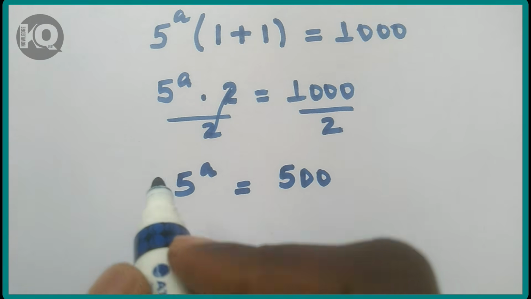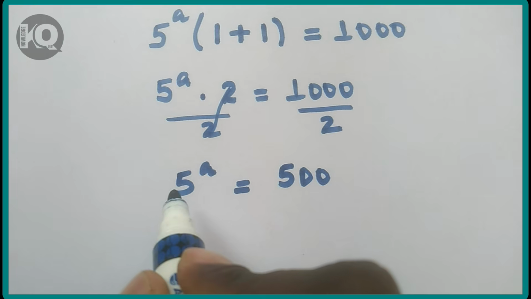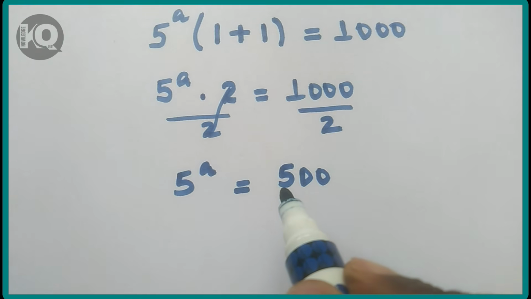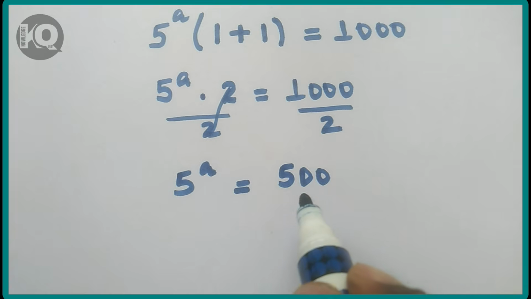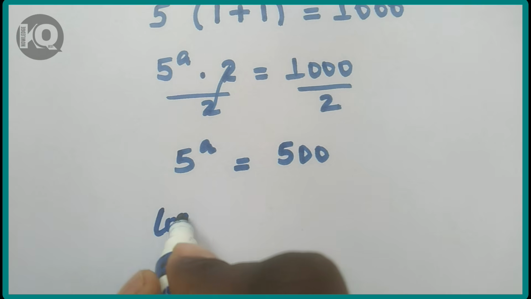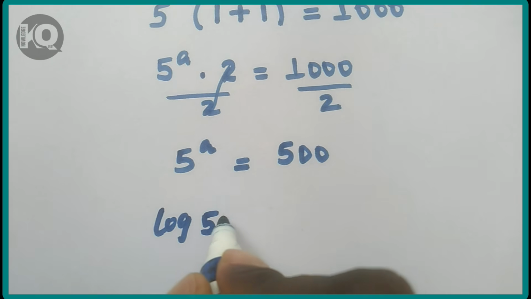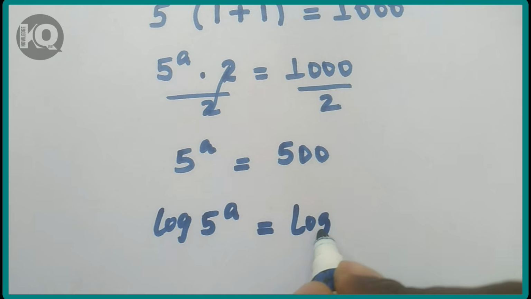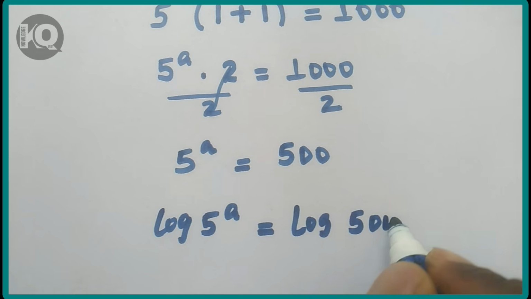So as you have seen from this equation, it's an exponential equation, so we can solve it by introducing logarithm on both sides of the equation. So log of 5 to the power of a is equal to log of 500.